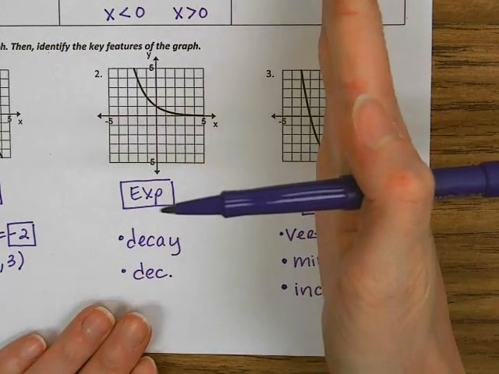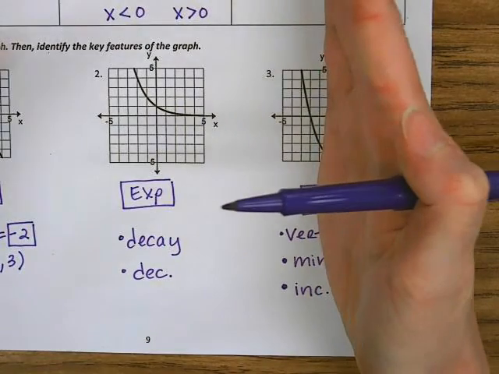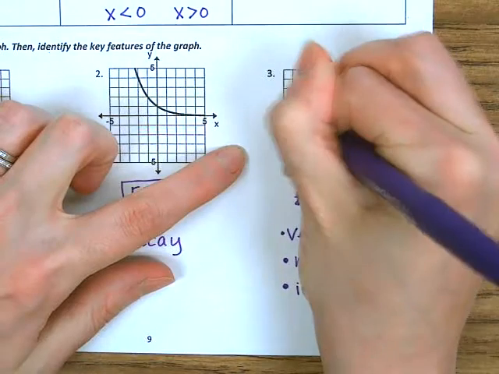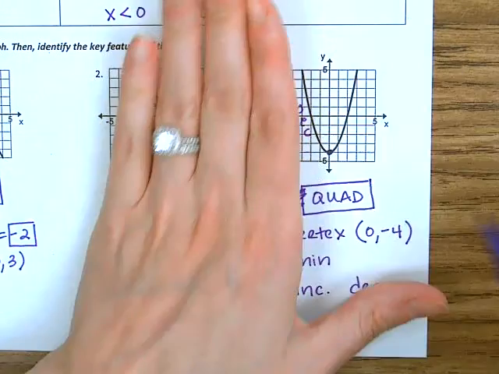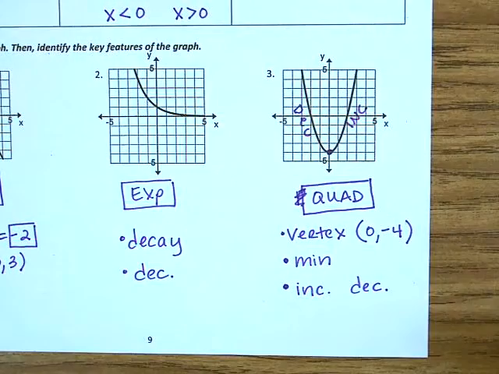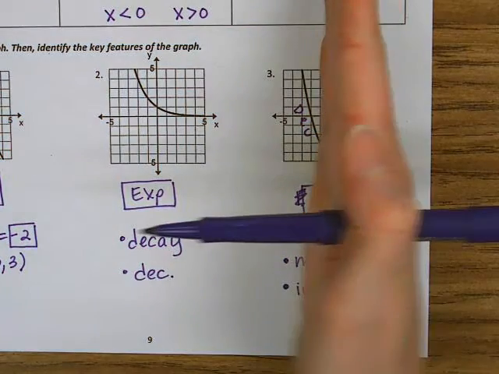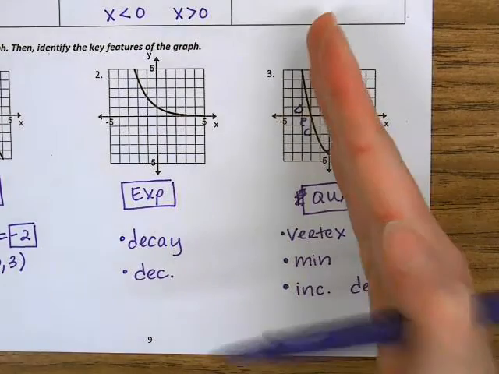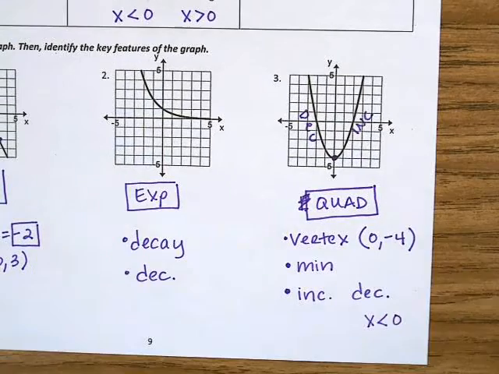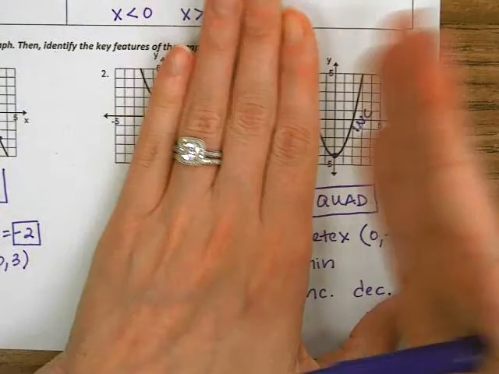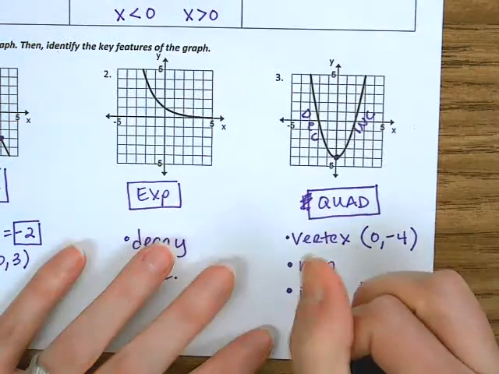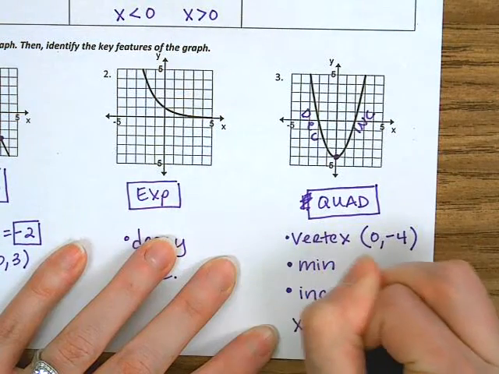So since the turning point's at 0, it's decreasing here, and it's increasing here. So how do we say that? Well, to the left of the vertex, it's decreasing. So it's decreasing x less than 0. To the right of the vertex is where it's increasing, and right means greater. X is greater than 0.